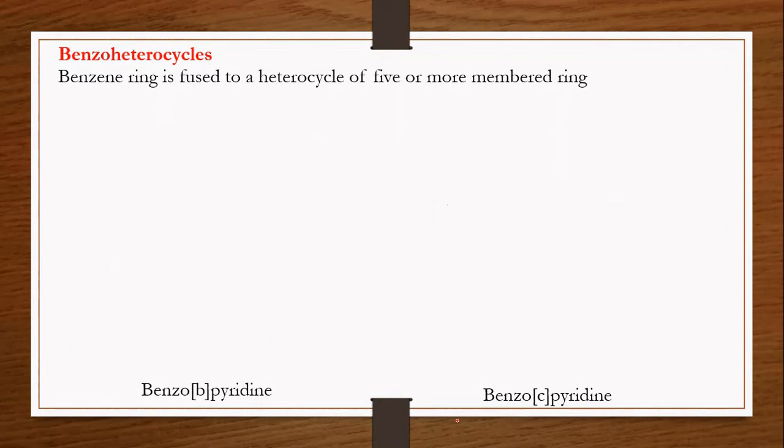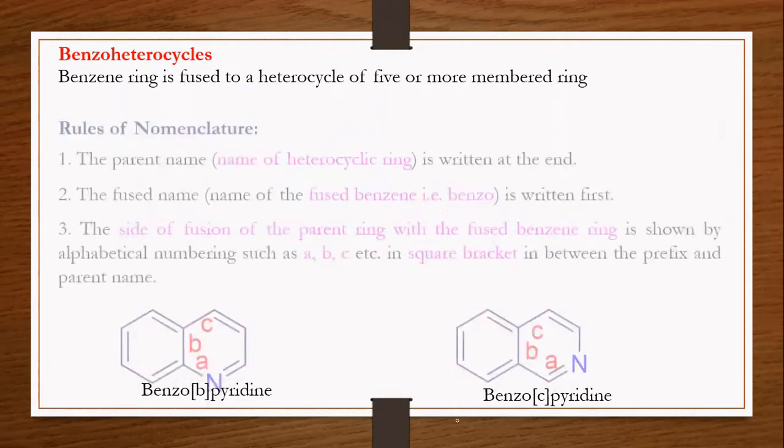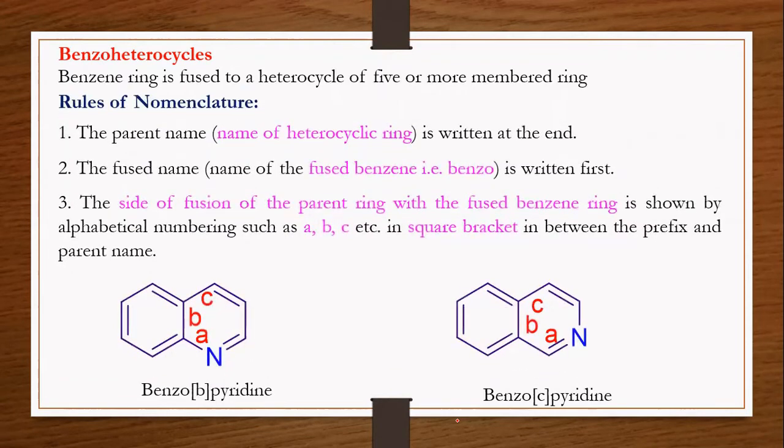The meaning of benzoheterocycles is that, as you know, it is a fused or condensed ring system. Here, a benzene ring is fused with a heterocyclic ring, and it may be 5-membered or 6-membered, and depending on that, its name is given. Okay, now what are the rules of nomenclature?